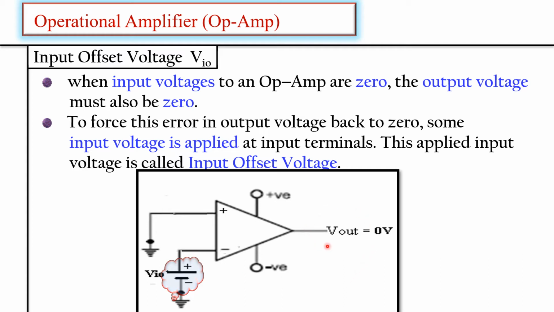Because of that we get the offset voltage at the output, instead of getting 0 volt, right?